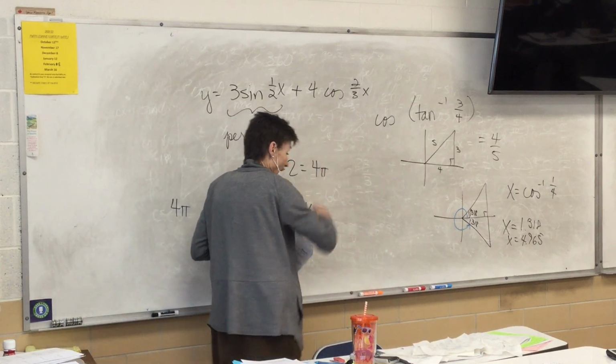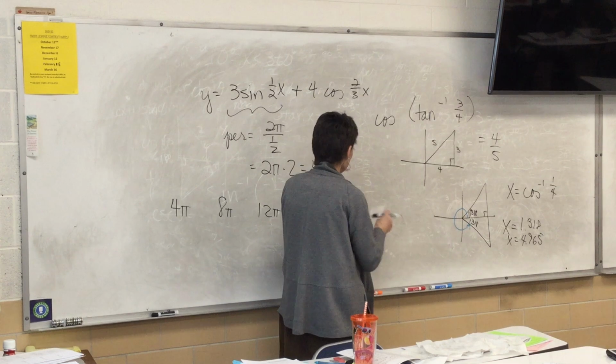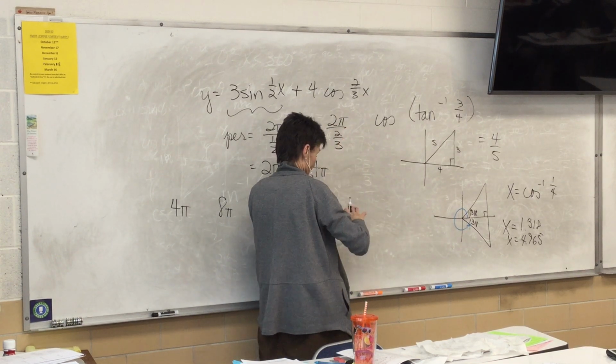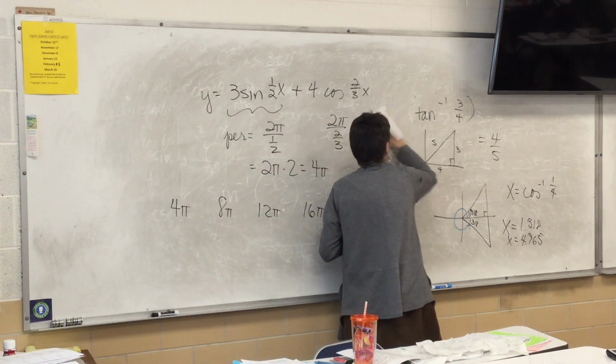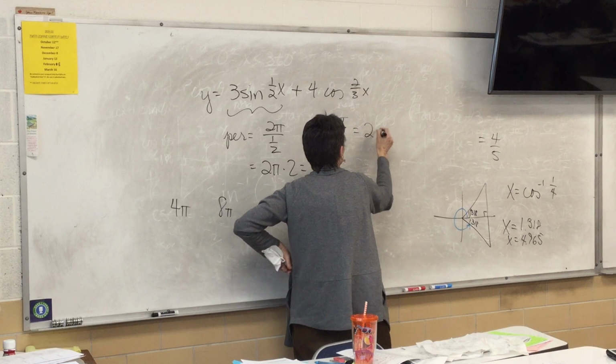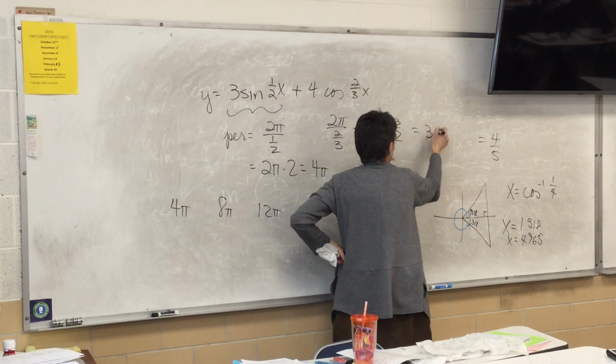Now, what about this half of the problem? Well, its period will be 2 pi divided by 2/3, which is 2 pi times 3/2, which is 3 pi.